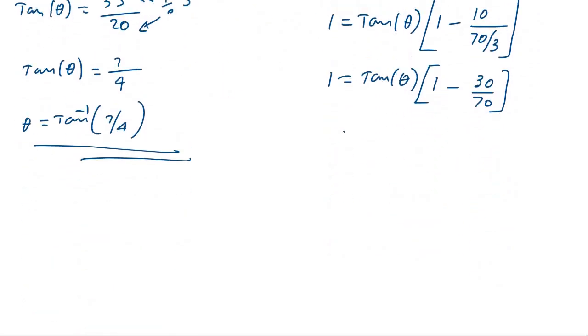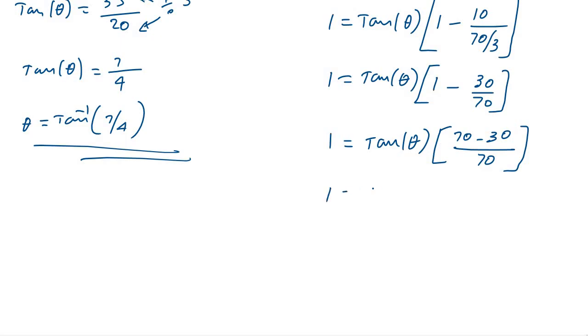So further, 1 equals tan theta, in the bracket I get 70 minus 30 divided by 70. I'm taking the LCM. So this is 1 equals tan theta, and in the bracket it becomes 40 by 70. So this bracket term becomes 4 divided by 7.